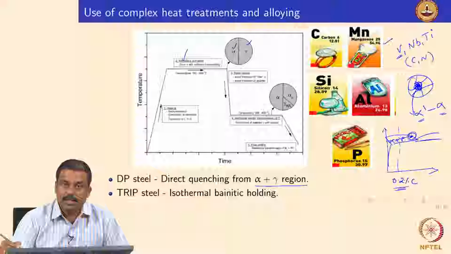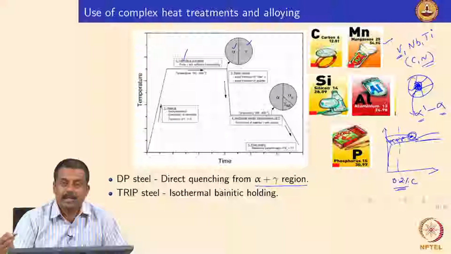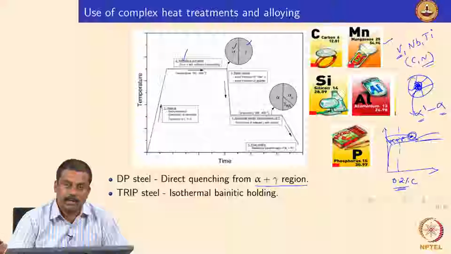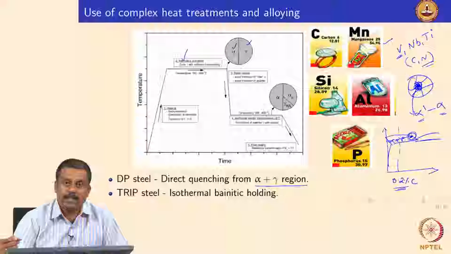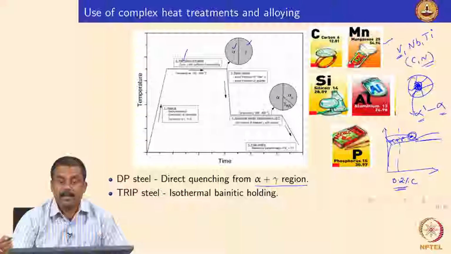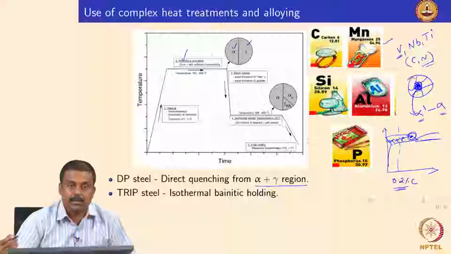The strength increases significantly based on the size and volume fraction of these precipitates. Of course, ductility also decreases. But because of the large amount of mobile dislocations, you would still get significant ductility in these steels. That is what you see in the banana diagram I showed earlier: the ductility of even DP 1000 can still be around 15 to 20%.